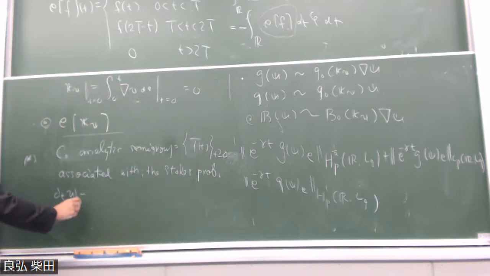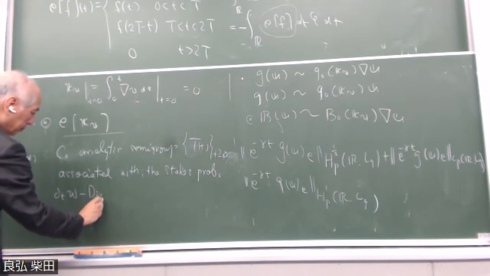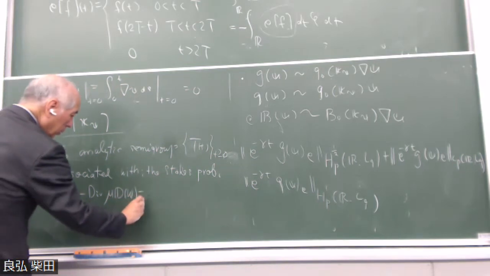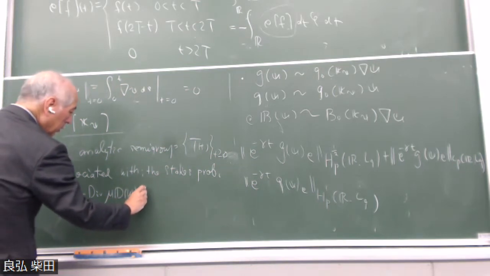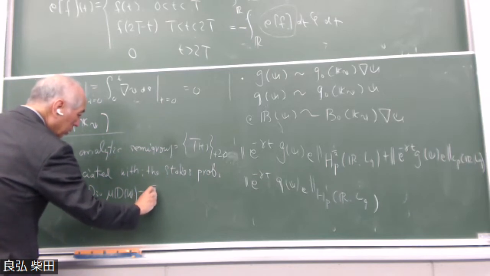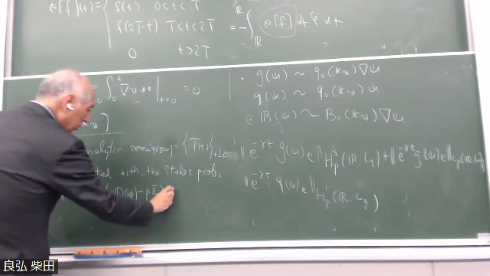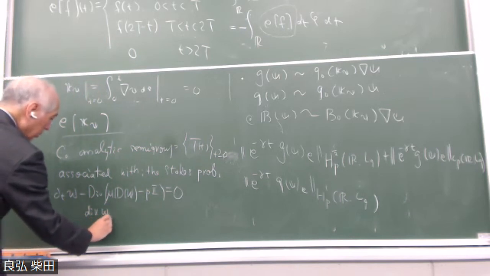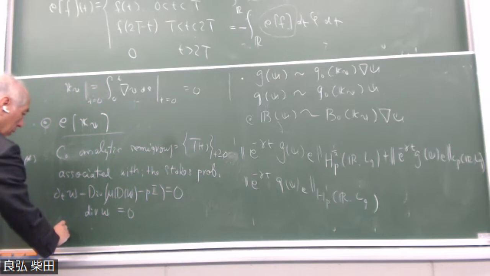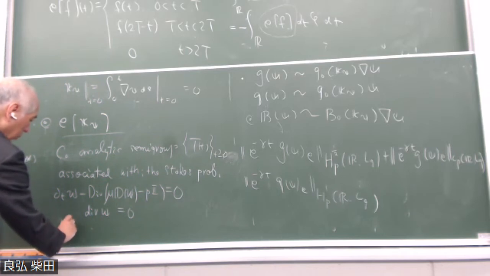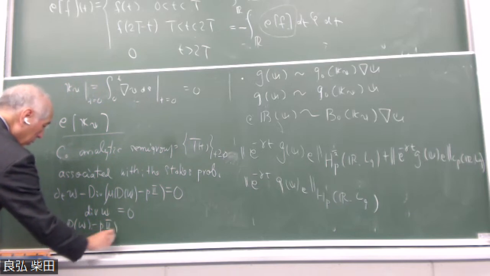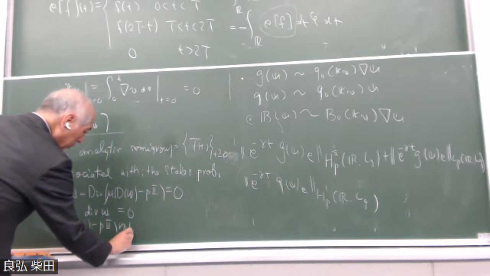The Stokes problem: W minus T minus, okay, PI, zero. I got this W zero. And then the boundary condition: boundary equals 0.